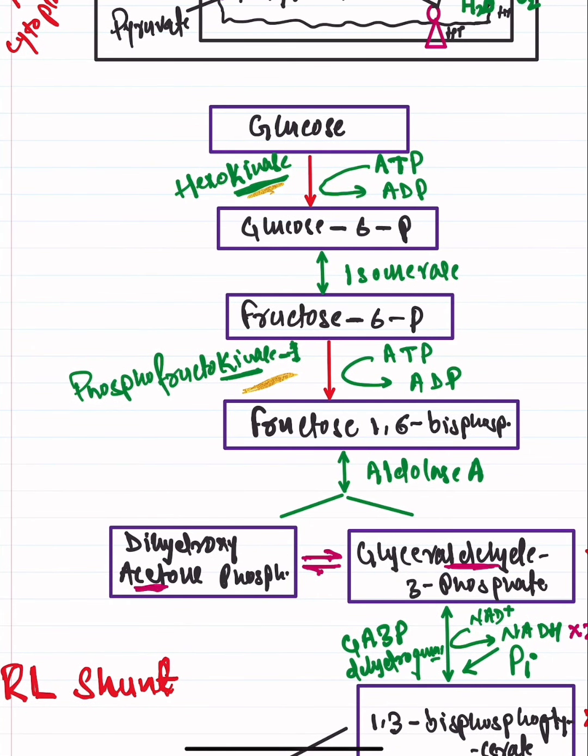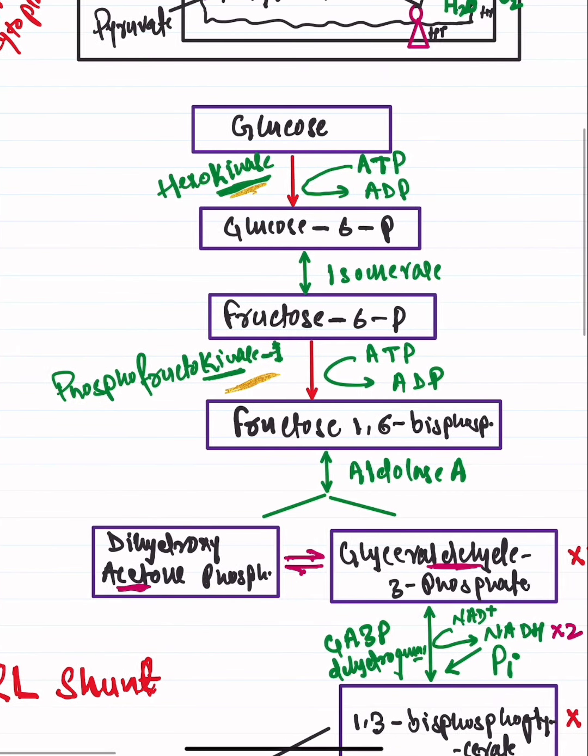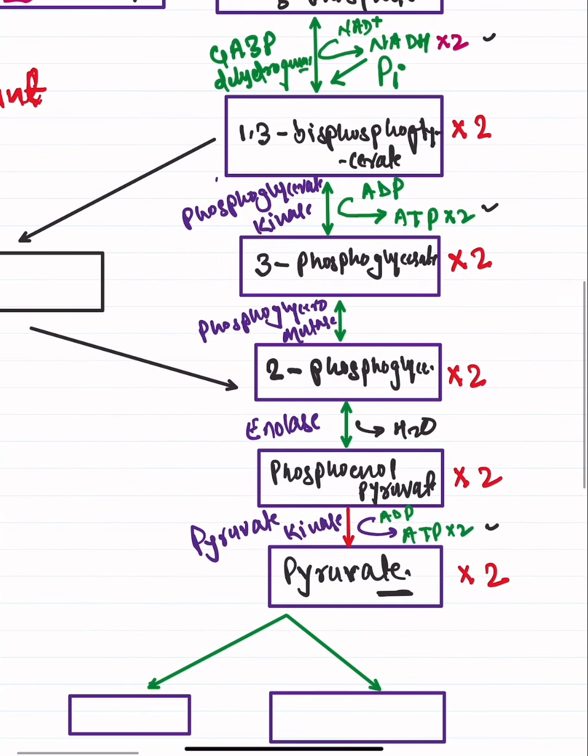See here, one is hexokinase, the second one is phosphofructokinase 1, and the third one is this pyruvate kinase. This is also an irreversible reaction. So there are 3 irreversible reactions in this whole pathway under normal conditions.